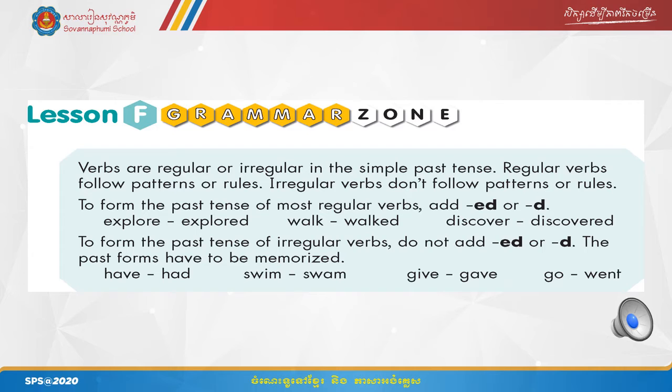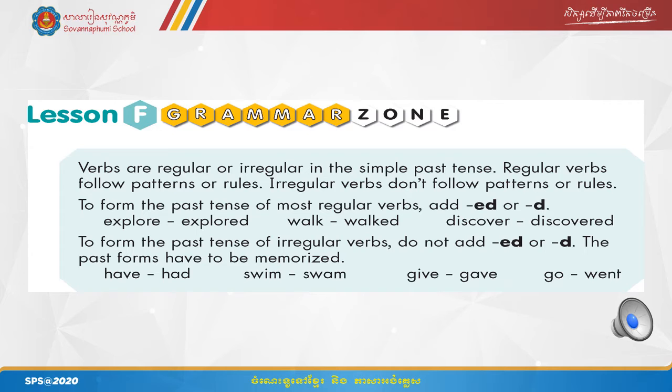We can now turn to page 68 in our student books, and here we have lesson F. And let me read over it quickly. Verbs are regular or irregular in the simple past tense. Regular verbs follow patterns or rules. Irregular verbs don't follow patterns or rules.